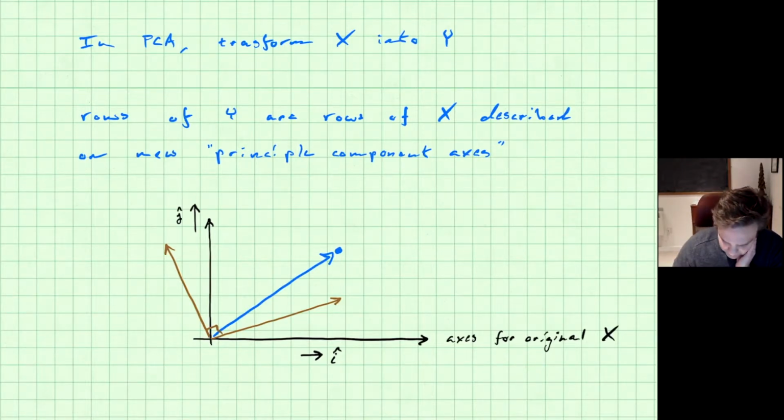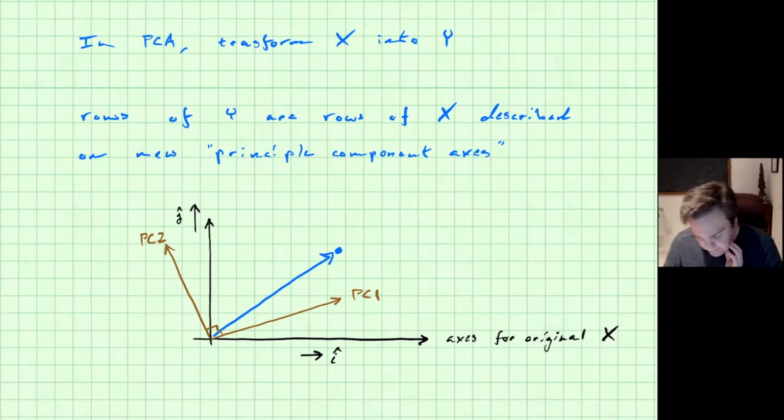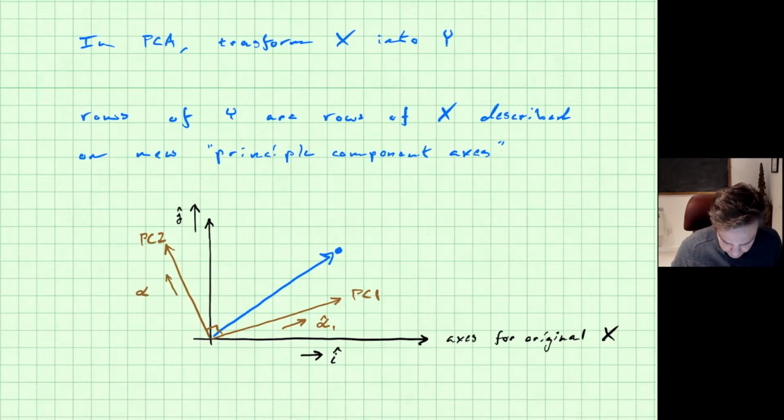We call these principal component 1 and principal component 2. And we will want some unit vectors in their direction. One points like that, and we'll call that alpha hat 1. Alpha is just the symbol we're using, the hat means it's a unit vector, and the 1 means it points along the direction of principal component 1. And the unit vector along the other is called alpha hat 2.